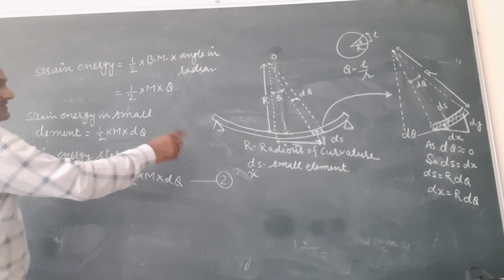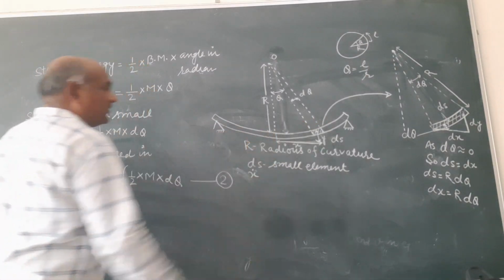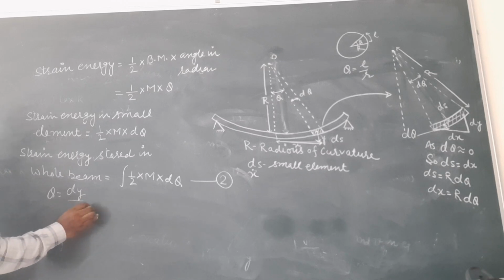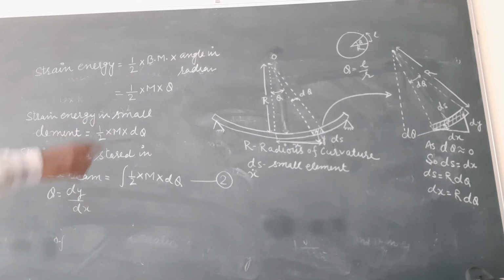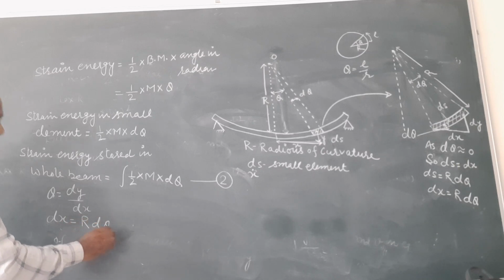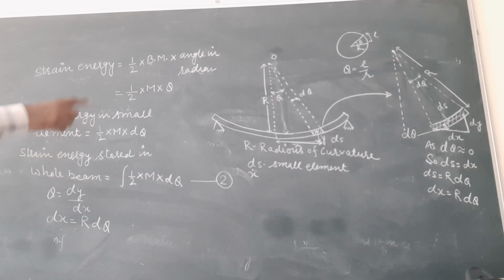Usually the deflection in the beam is very, very small, so we will take theta is equal to dy by dx. We also know dx is equal to r d theta, as we have already explained.